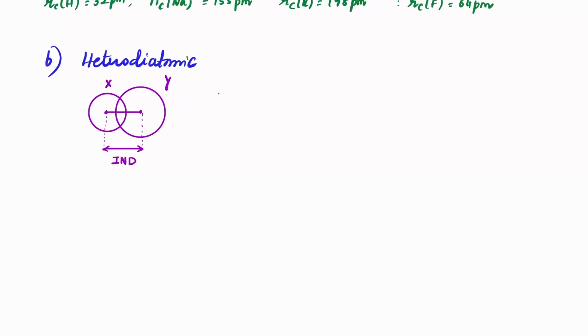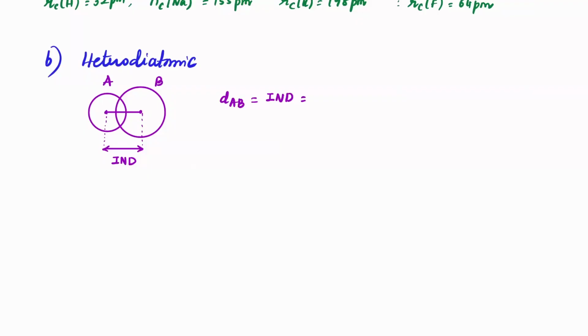See, let's say I take this as A and B. Then the internuclear distance between A and B, which is IND in this case, actually depends upon properties like the electronegativity difference between these two.